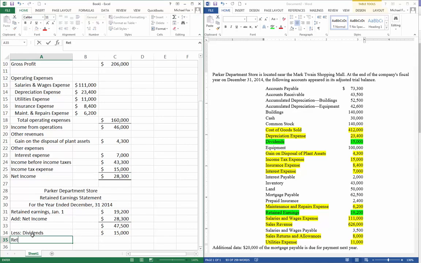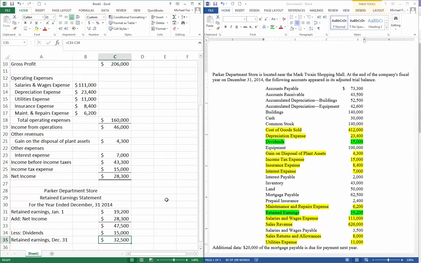So our retained earnings at December 31st will equal the sum of our retained earnings and net income minus our dividends, or 32,500.